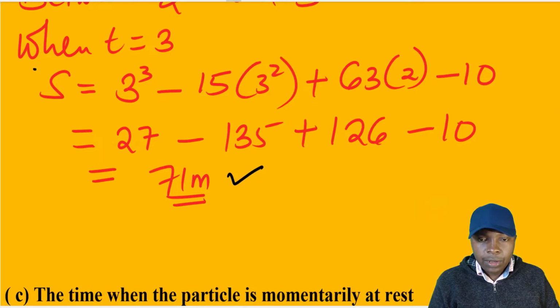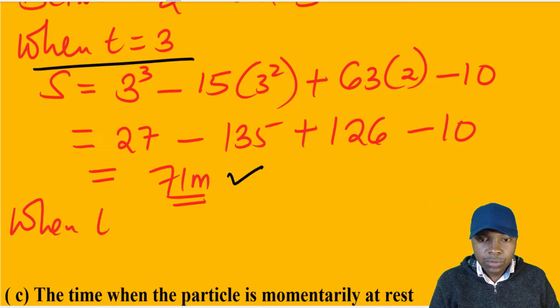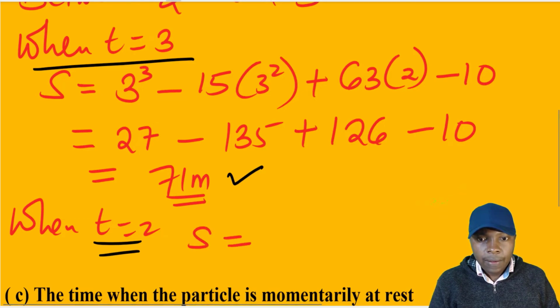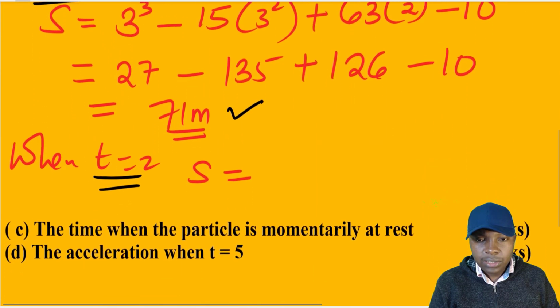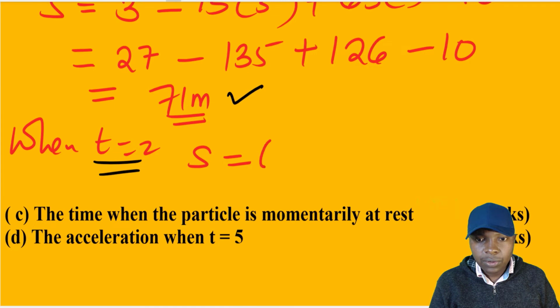Then we get the distance when the time is 2 seconds. We already obtained this previously, so it is 64 meters.